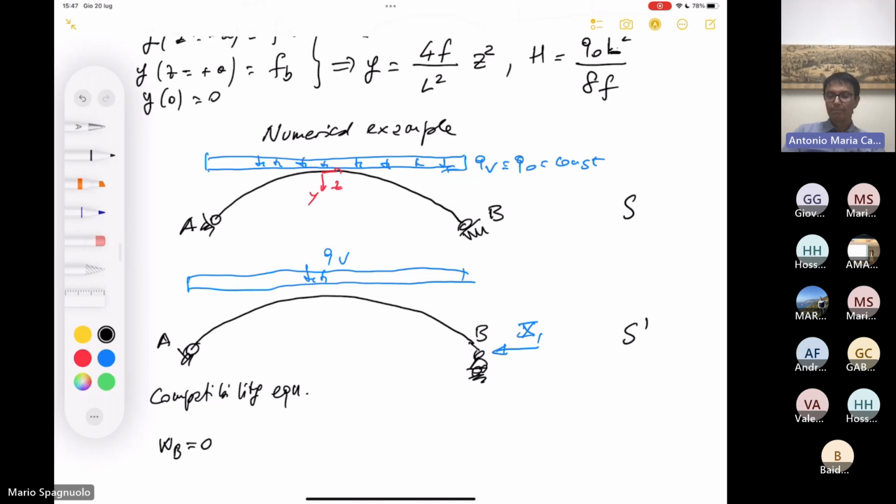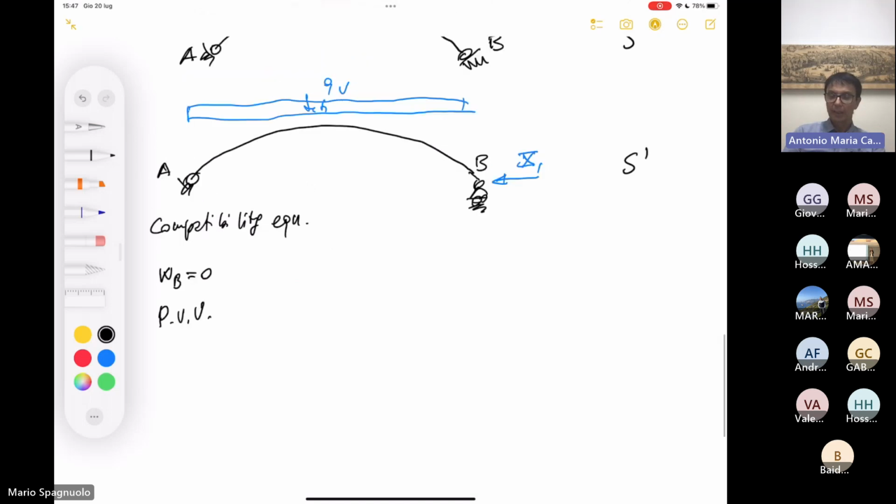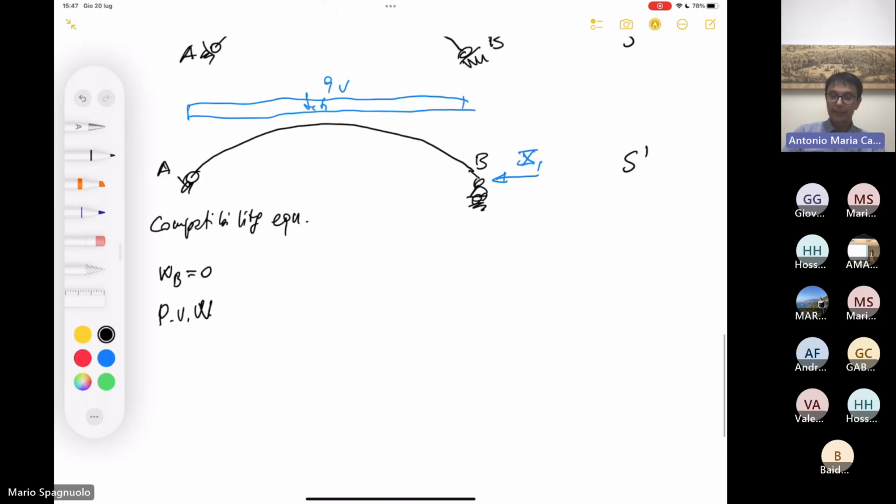Okay? And now we need to compute WB, and for doing this we use the principle of virtual work.